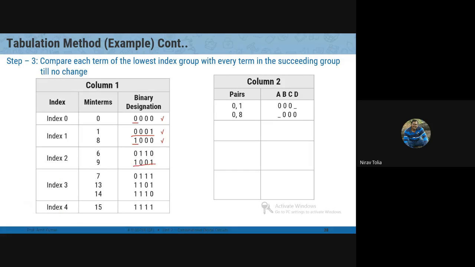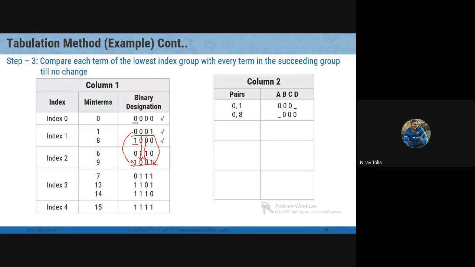Now check 1 and 9. So A is changing from 0 to 1. So 1 bit already changed. B remains same, 0 to 0. C remains same, 0 to 0. And D remains same, 0 to 0. So all the other three, B, C, D, remain same.